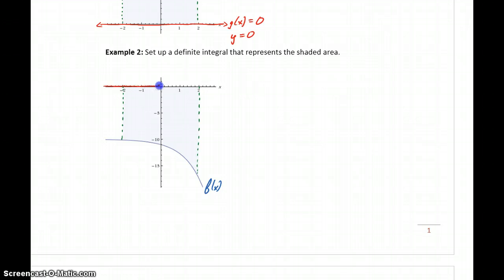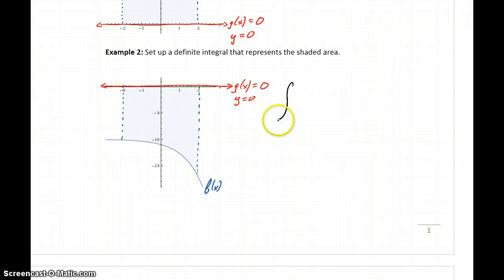But again, what we're going to consider now is calculating the area between these two curves. Where here again we have this second function, g of x, which is equal to the x-axis or that line y equals 0. So we'll set up our definite integral in the same way.